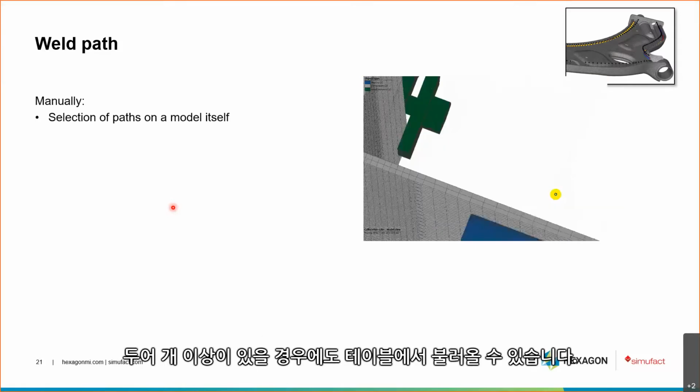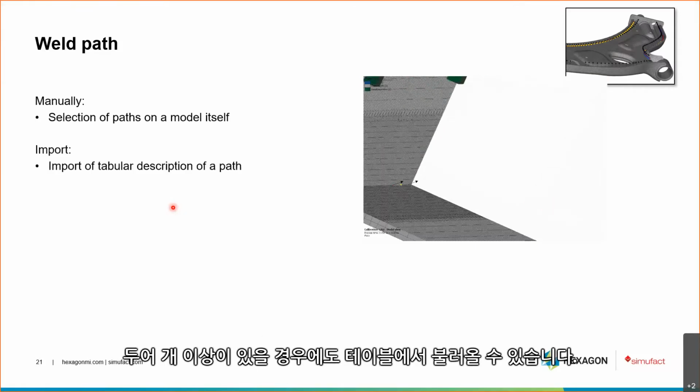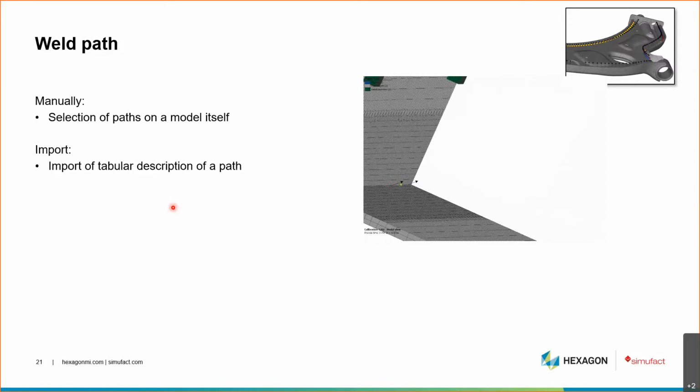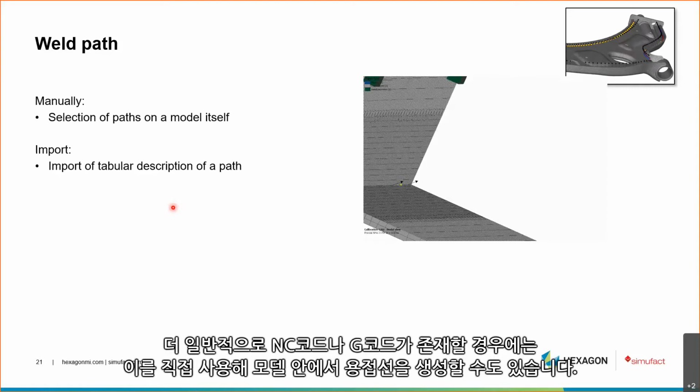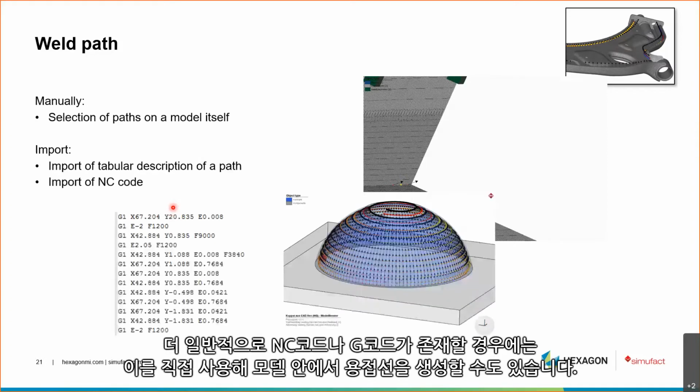But if you have more than a couple, it is possible to import them from a table. And in the more general case, if NC code or some type of G code is present, it is also possible to use it directly to create weld lines inside a model.